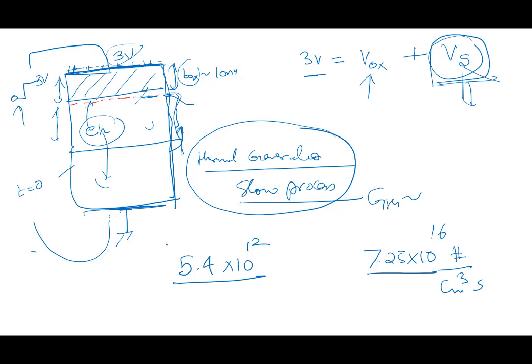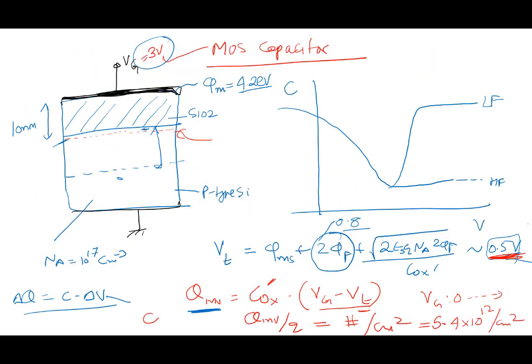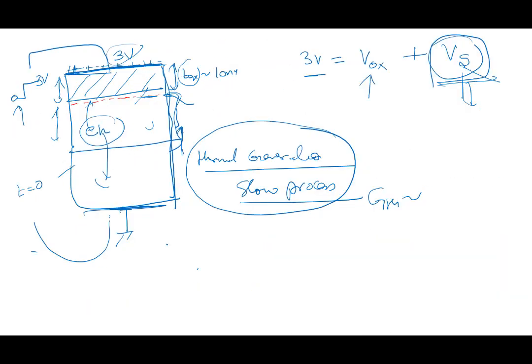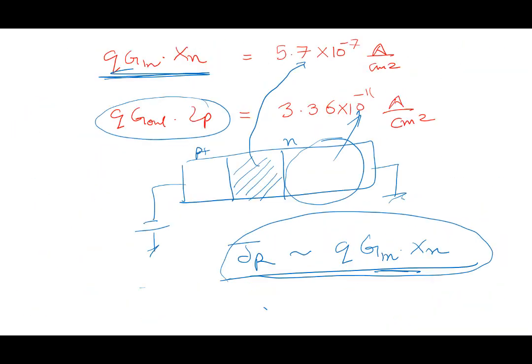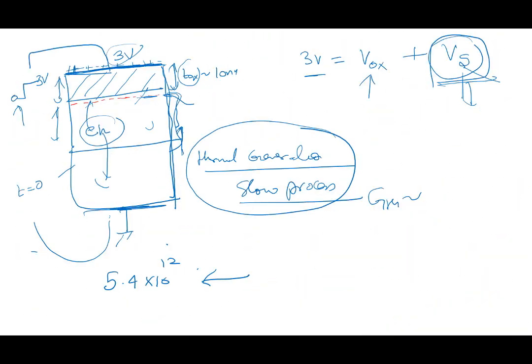So the total rate at which it is happening, let's put the equation. I require 5.4 into 10 power 12, and this will be equal to the net generation rate, let's say 7 times 10 power 16, multiplied by half a micron, 0.5 into 10 power minus 4.